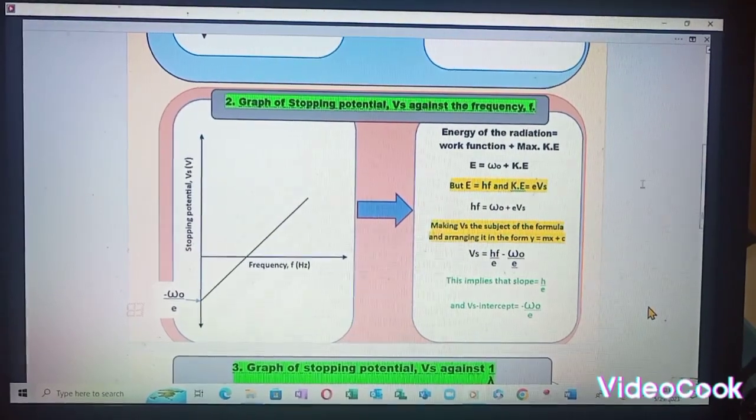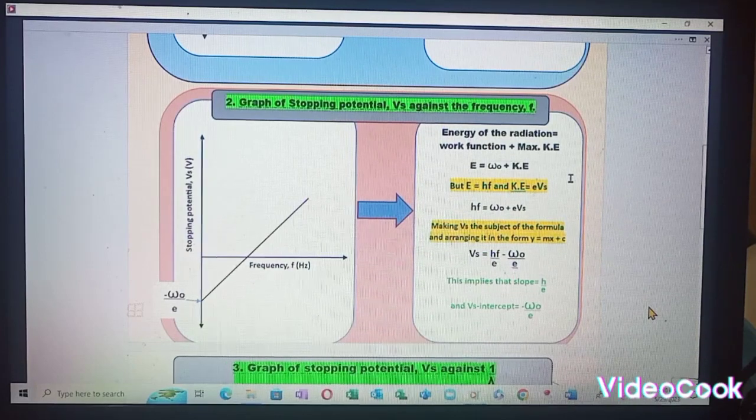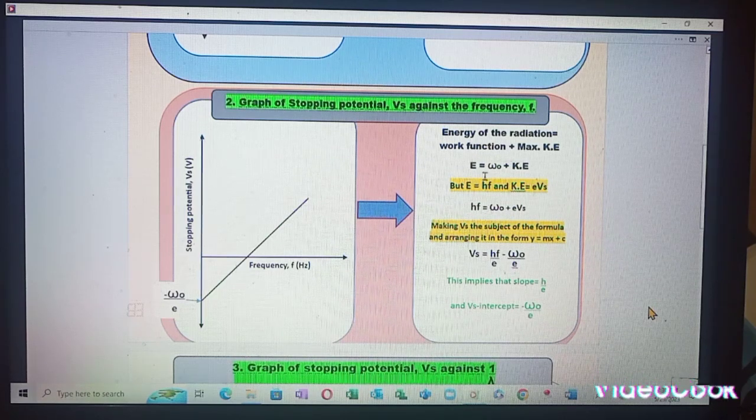Again, we know the energy of the incident radiation will be used first as work function to dislodge the electrons, and the remaining energy will be converted to kinetic energy, which moves them. So the incident energy can be written as hf, that is, we replace E with hf.